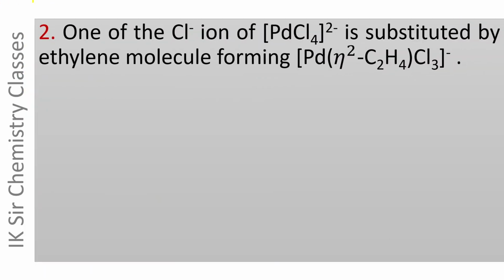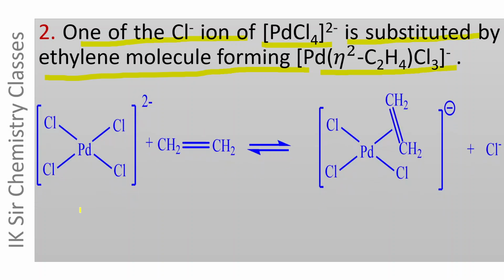In the second step, one of the Cl- ions of PdCl4 2- ion is substituted by ethylene molecule, forming Pd(η2-C2H4)Cl3-. This is PdCl4 2- ion, the square planar 16 electron complex formed in the first step.